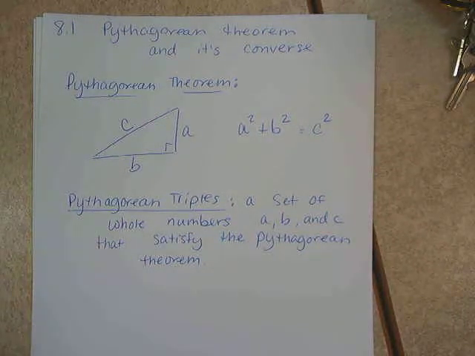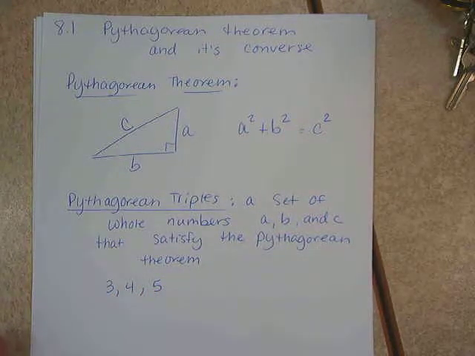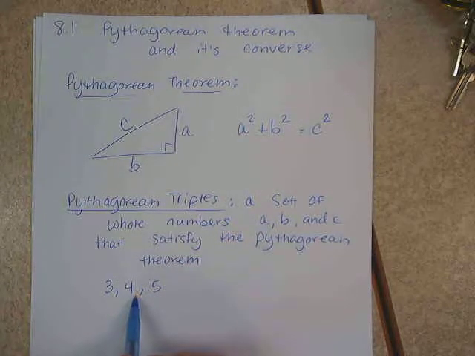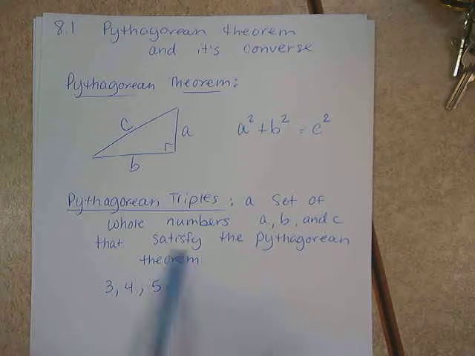One of the triples that people are more likely to remember would be 3, 4, and 5. If you plug in 3 and 4 as your legs, because those are the two shorter lengths, you do 3 squared plus 4 squared, it does equal 5 squared.